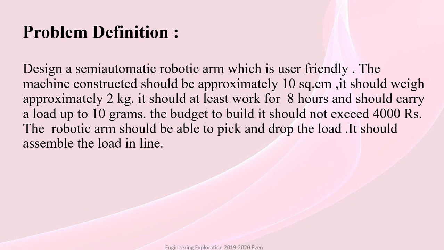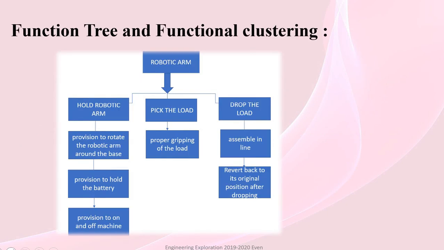Moving forward, this is a function tree and functional clustering. In our project, we have three main functions: holding the entire robotic arm, picking the load, and dropping the load. Here are some of the sub-functions of the main functions.